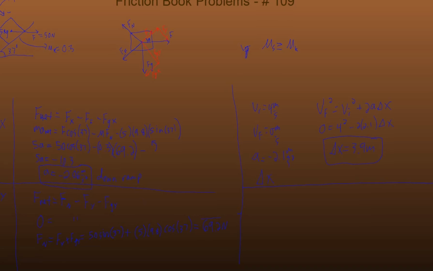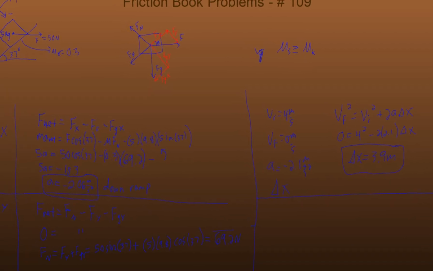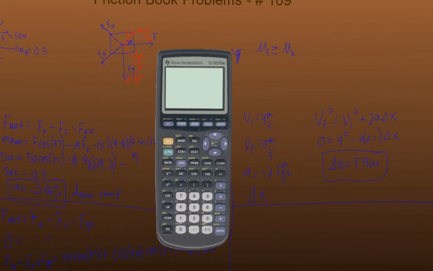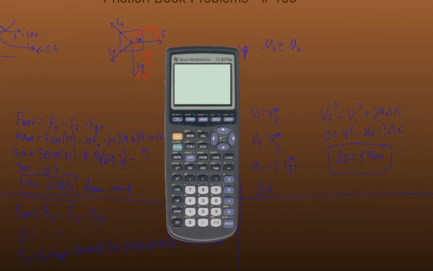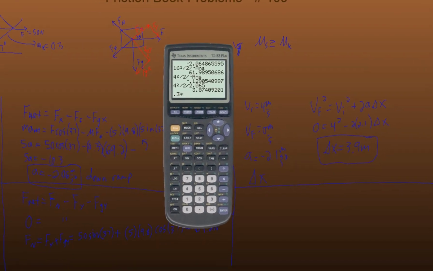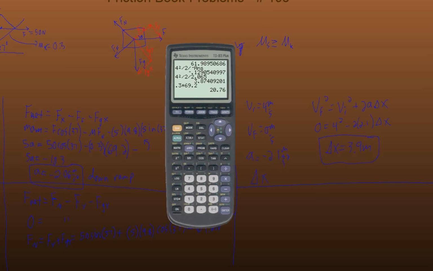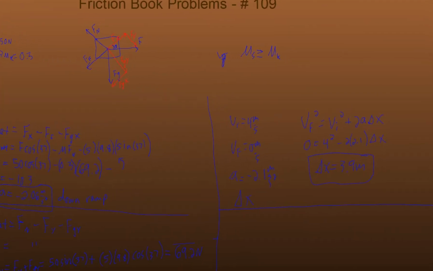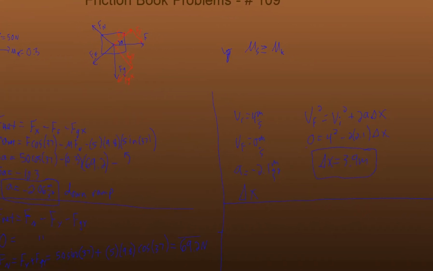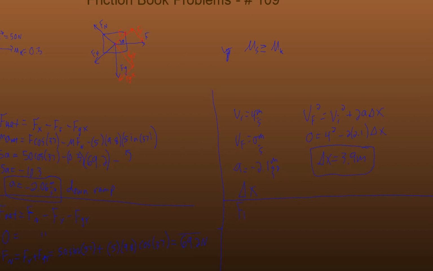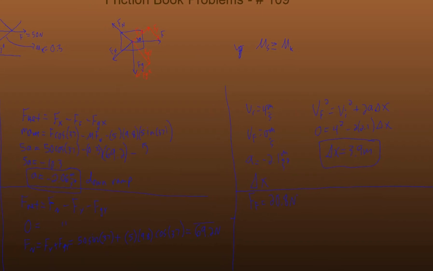So what is this? 0.3 times 69.2. So that's our force of friction, and we'll assume it's static for now, so that's 20.76. So force of friction equals 20.8 newtons.